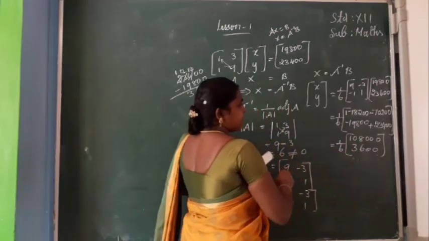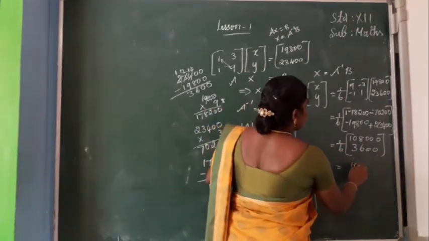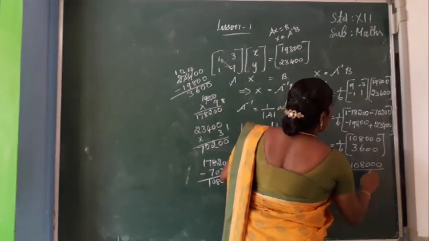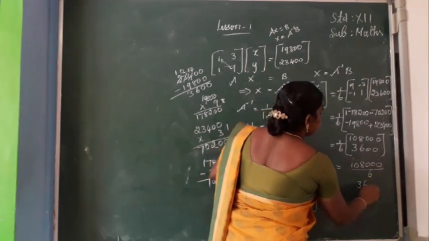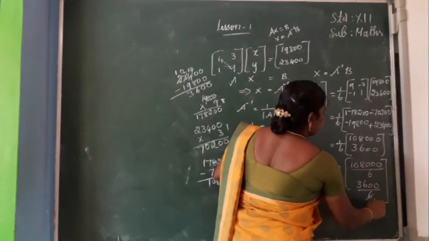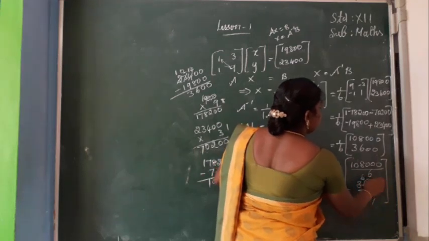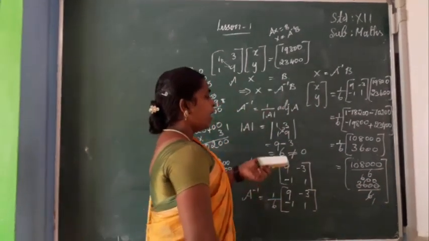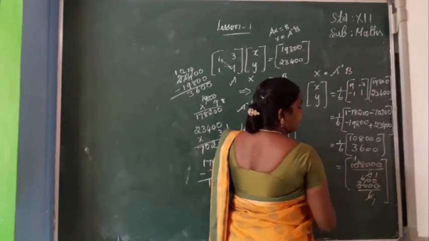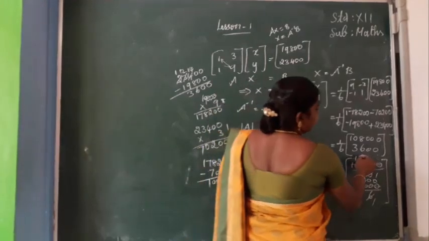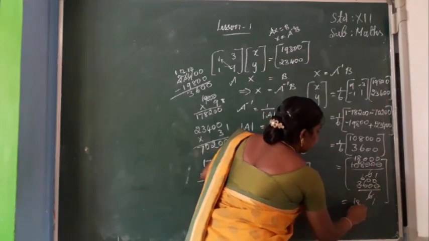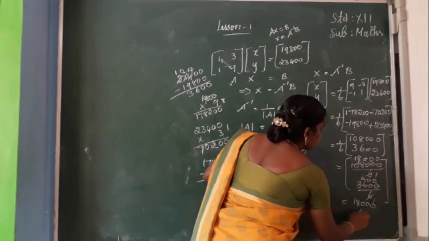Now 1 by 6 is there, we multiply there, so 1,08,000 by 6, next one also 3,600 by 6. Okay, now we can simplify. 6 sixes are 36, so 600. Next, 6 eights are 48, so the value is 18,000. Next one 600.